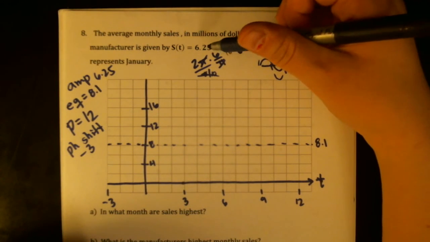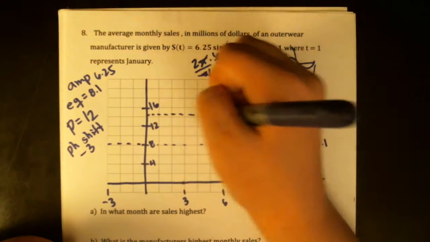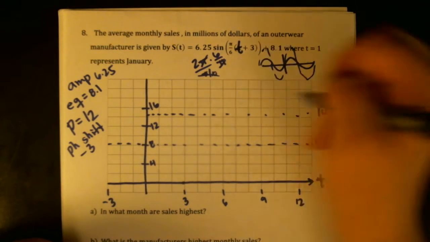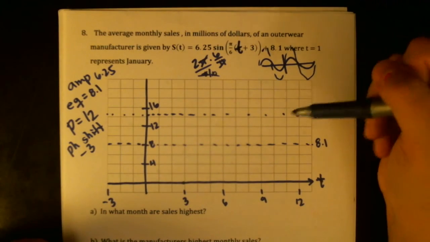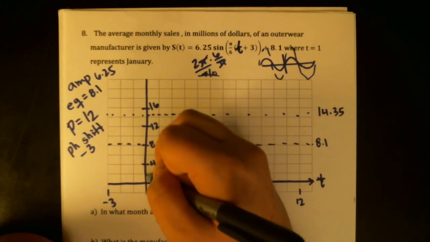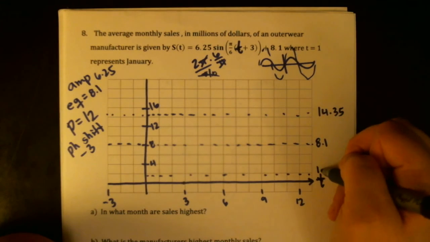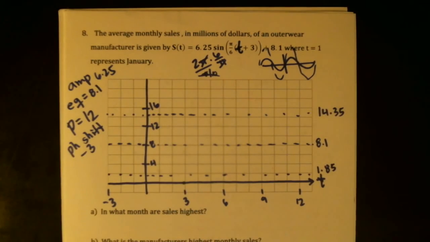When we add the 6.25, we get 14.35, so it's right around here. 14.35. And then when we subtract, we get 1.85. So this is 2, so it's going to be just below. So that's our vertical stuff.